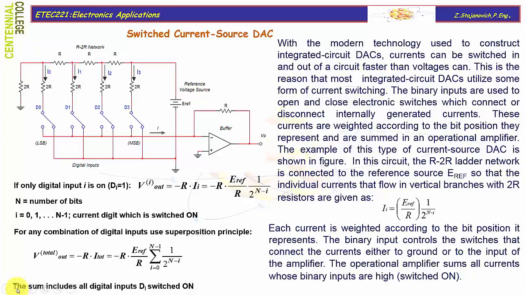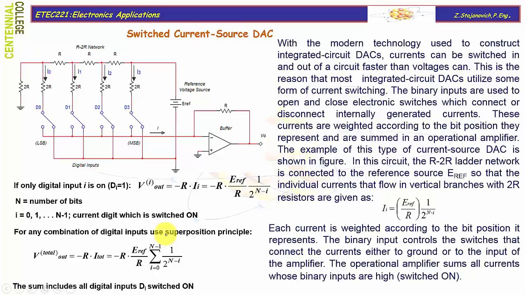Each current is weighted according to the bit position it represents. The binary input controls the switches that connect the current either to ground or to the input of the amplifier. The operational amplifier sums all currents whose binary inputs are high, and that means switched on.